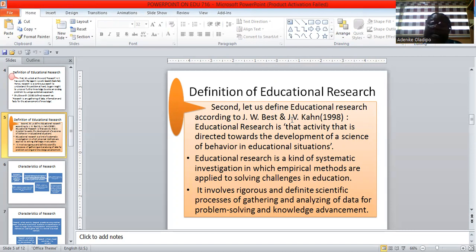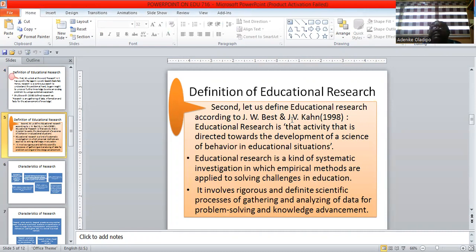Educational research is a kind of systematic investigation in which empirical methods are applied to solving challenges in education. Just as I said earlier, there will always be challenges in both humanities and social sciences. When we use a systematic kind of method, by using empirical methods in investigating a challenge or a problem, we are carrying out a research.